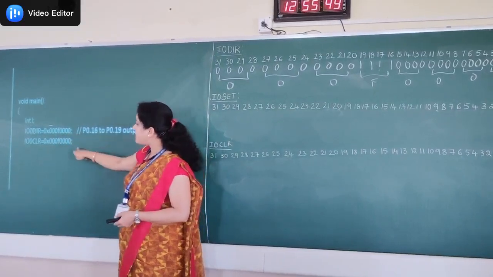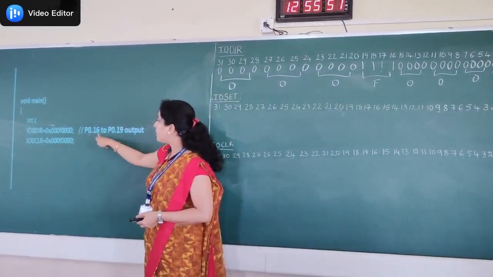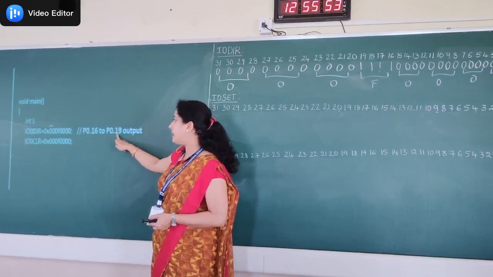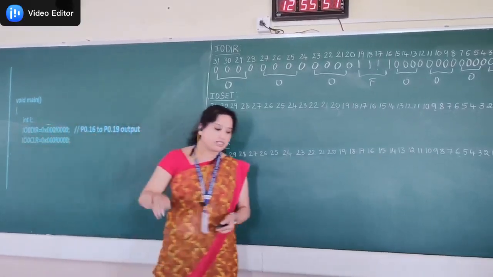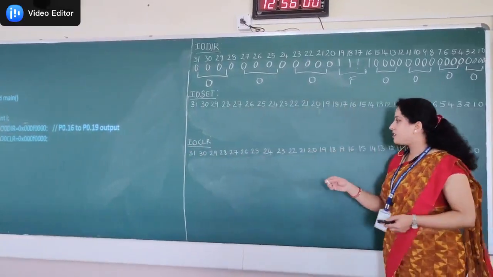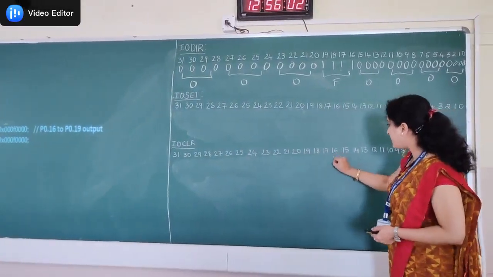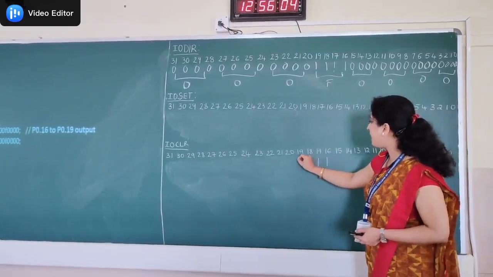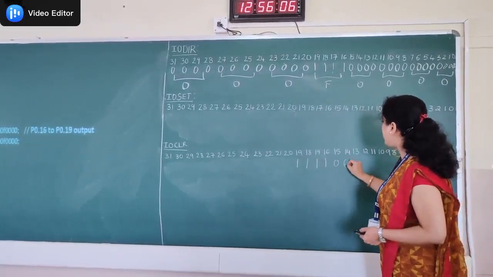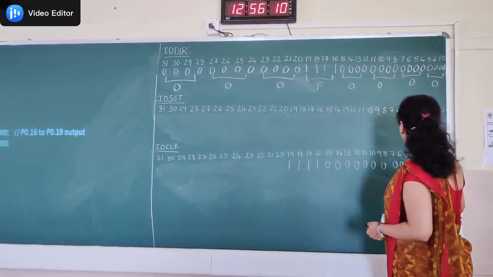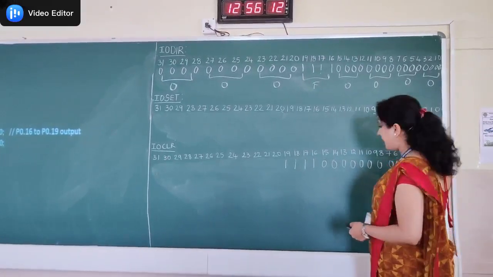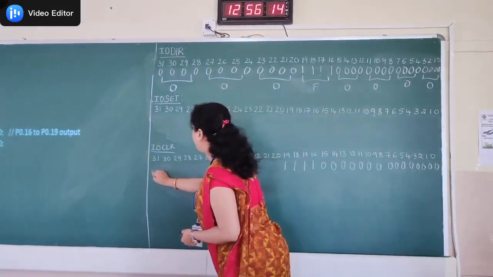The next step is we need to clear port 0 pins 16 to 19 by using the IO0CLR register. The same procedure: place 1 on bits 16, 17, 18 and 19 in the IO0CLR register. So this will clear the pins.